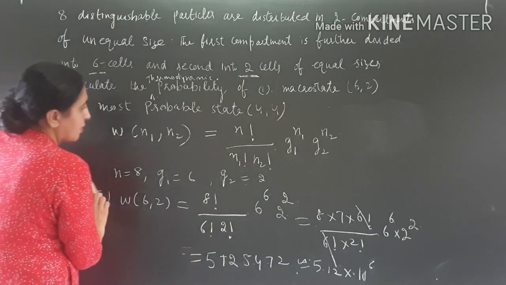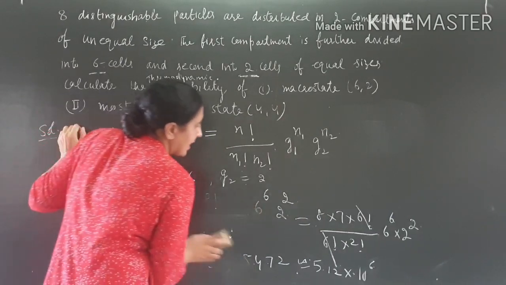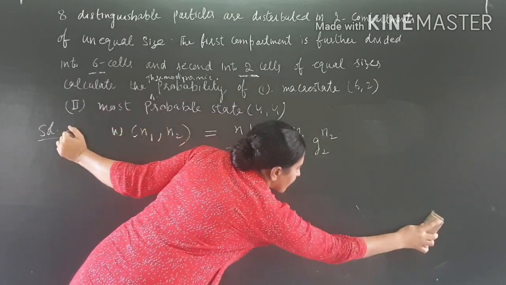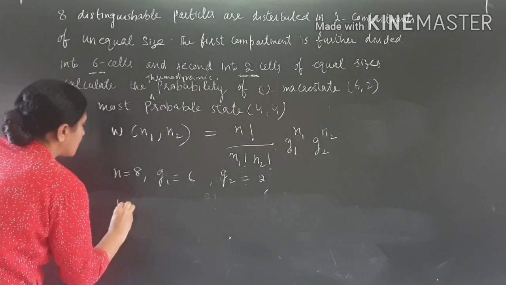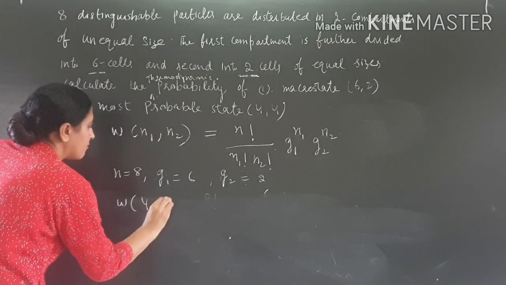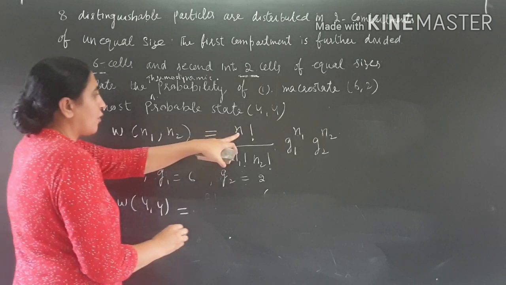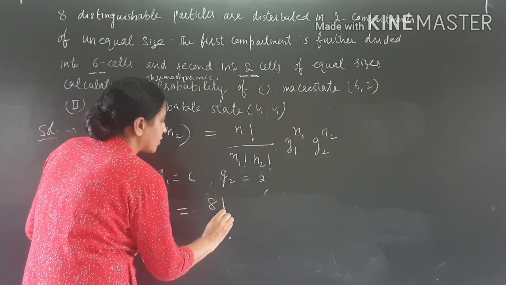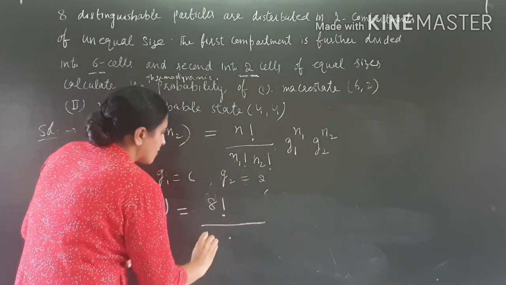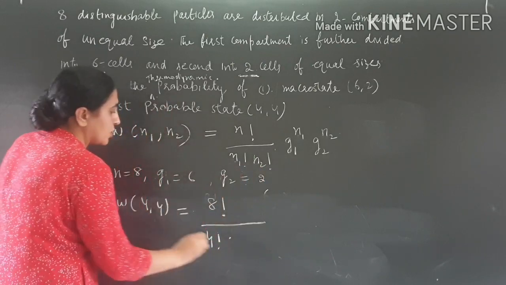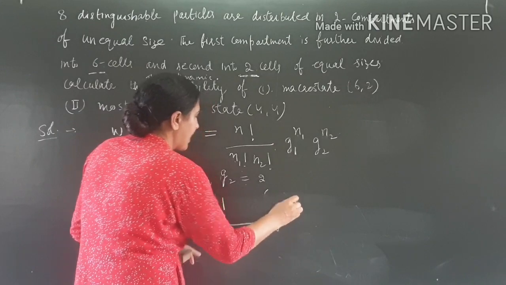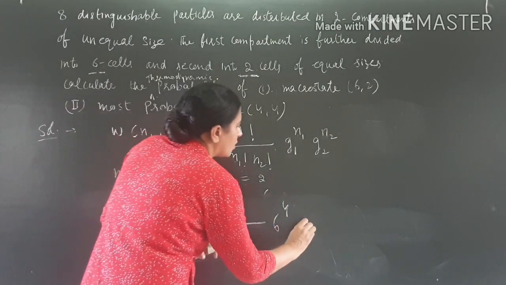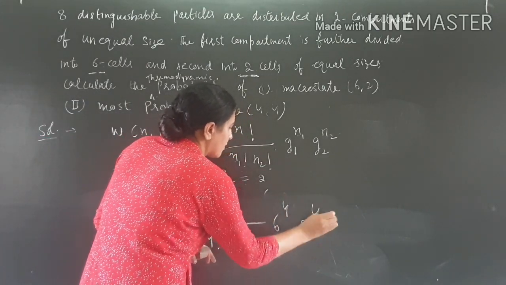Now next is the probability for the most probable state, that is W(4,4). You can find it yourself also; I will give you the hint. This is 8 factorial, and N1 is 4 factorial, N2 for the most probable state is 4 factorial. G1 is 6, 6 raised to power N1 which is 4; G2 is 2, 2 raised to power 4.